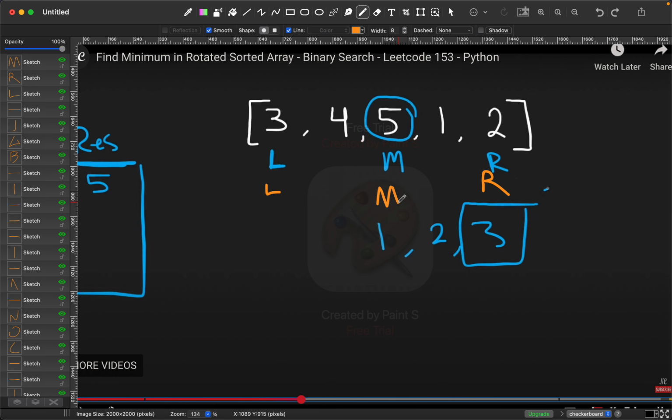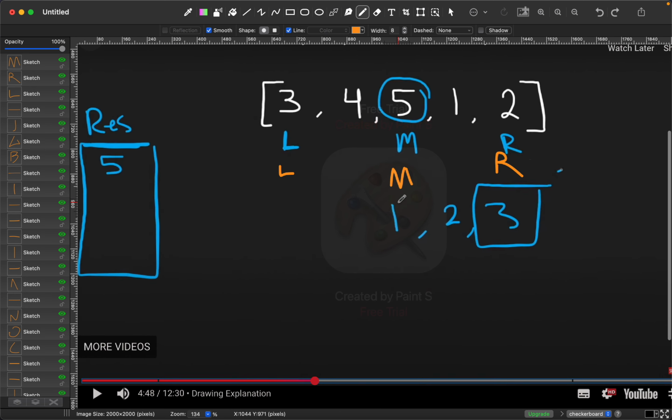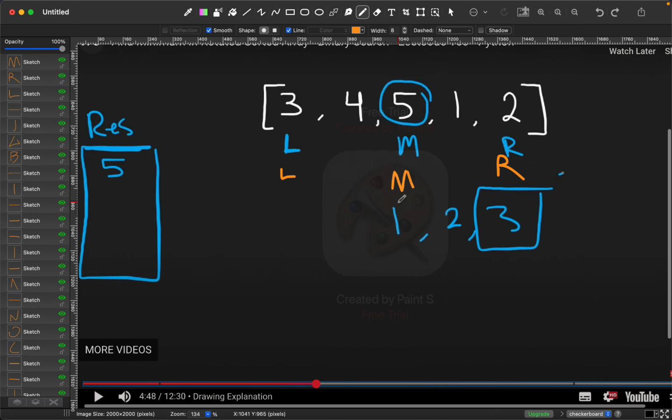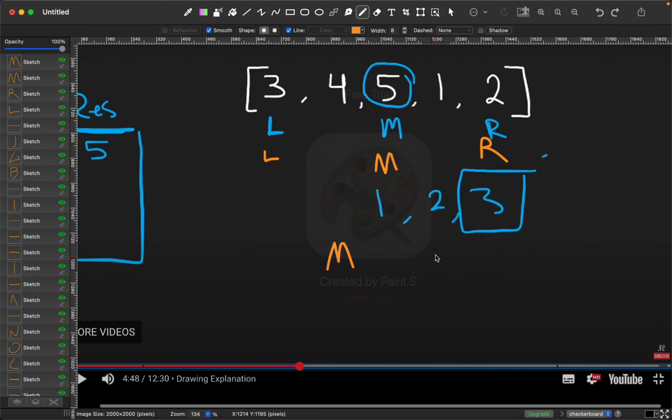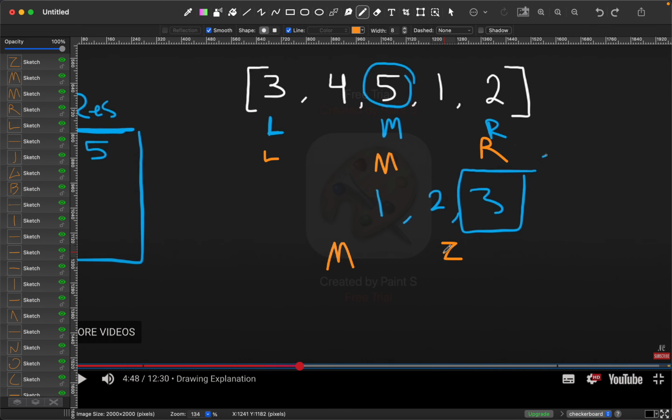So I think the question that we do ask at this point is, if my M, so there's like two conditions. It's either you fall under the graph that is on the Z side or the Y side.